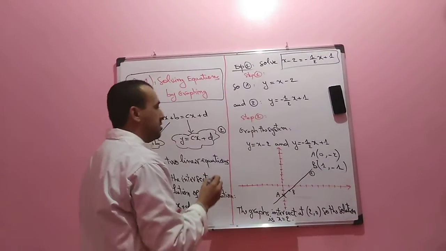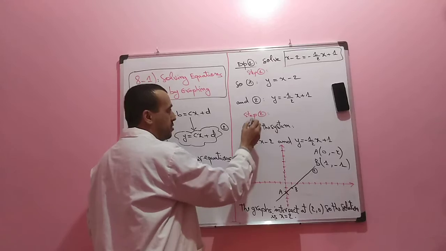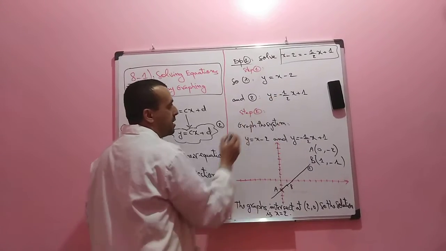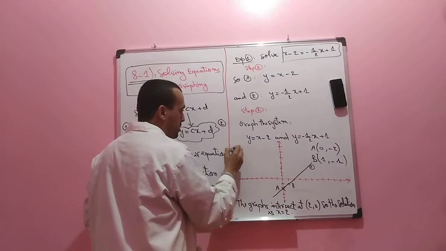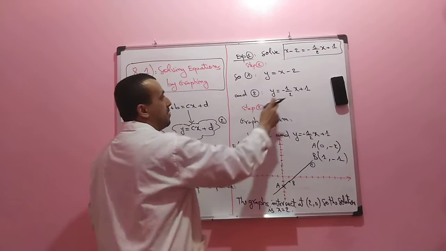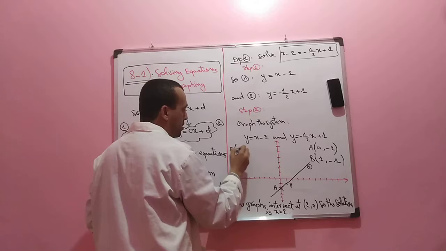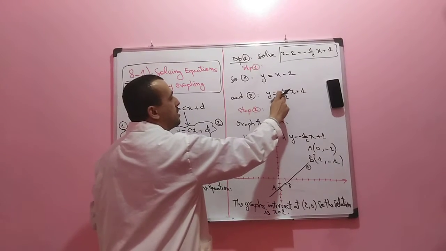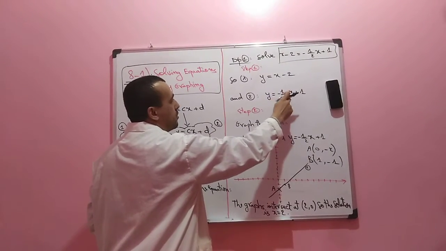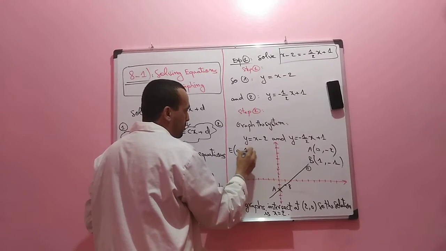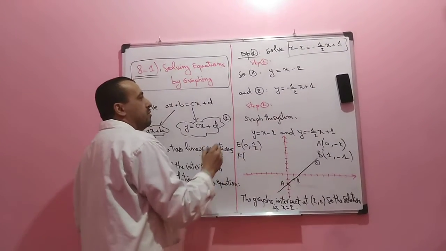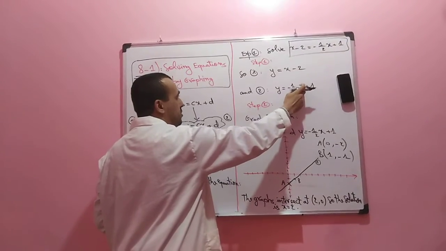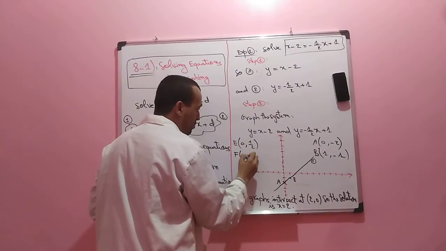Now we choose two other points to plot the second equation, y equals negative 1 over 2 times x plus 1. If x equals 1, y will be negative 1 over 2 plus 1, which is 1 over 2. And if we choose x equals 0, y equals 1, so the point is 0, 1.